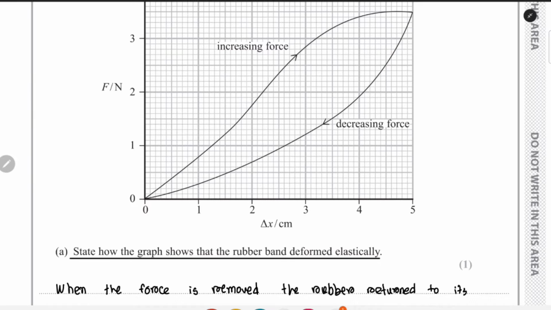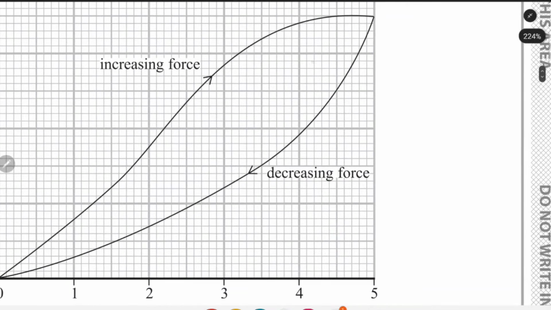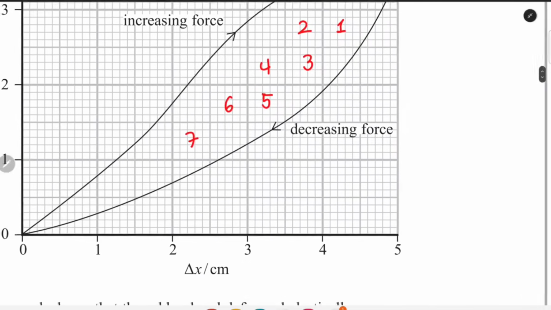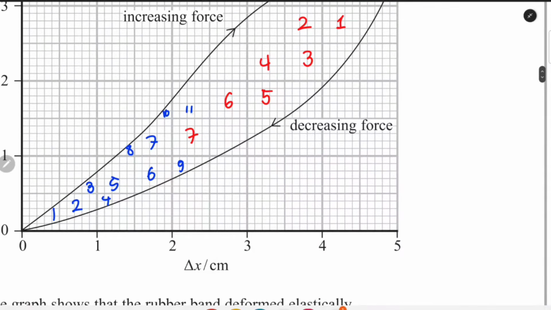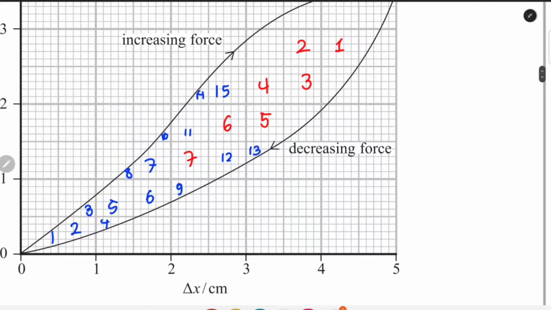The number of full boxes are 1, 2, 3, 4, 5, 6, 7. I don't see any more. And the number of partial boxes are 1, 2, 3, 4, 5, 6, 7, 8, 9, 10, 11, 12, 13, 14.